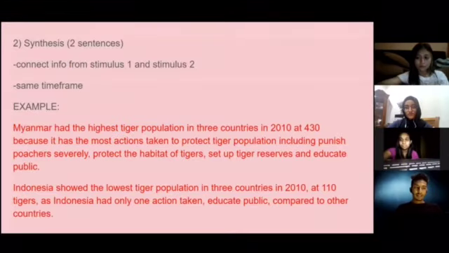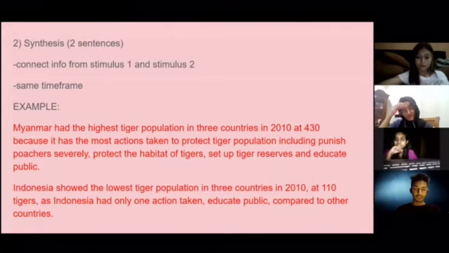And the next content will be the synthesis, which will have two sentences.